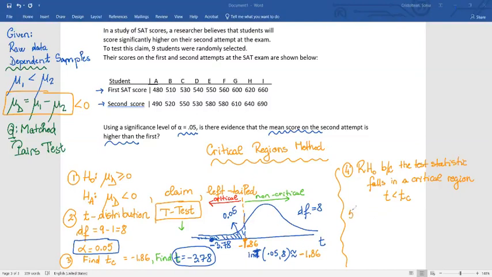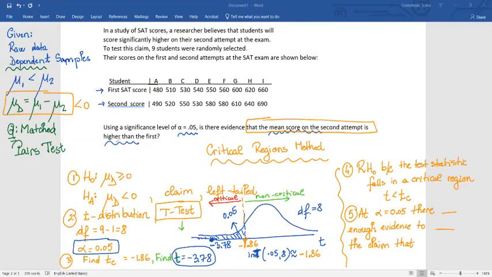And now interpreting the results, we'll say at alpha 0.05, there is enough evidence to support the claim that the mean score on the second attempt is higher than the first attempt. So we rejected, which means there is enough evidence to support this claim, because the claim was H sub A. With this, I conclude the video.